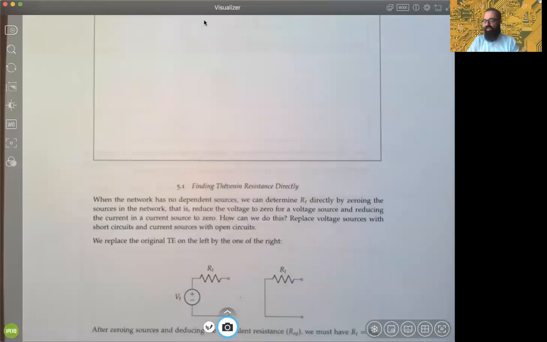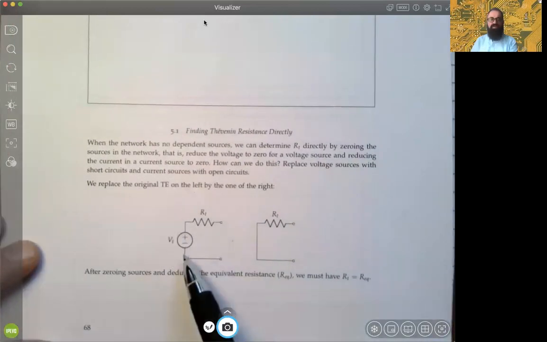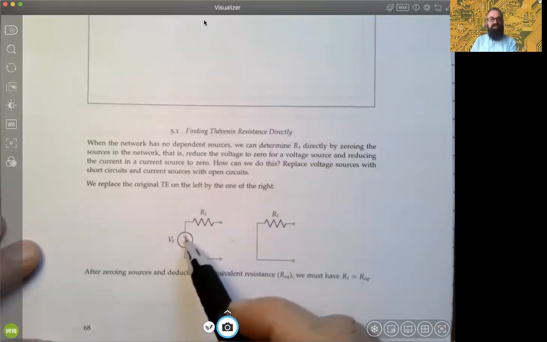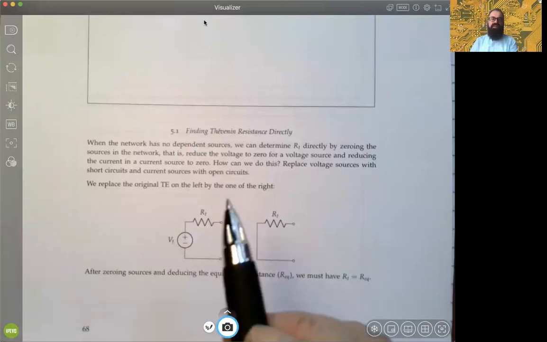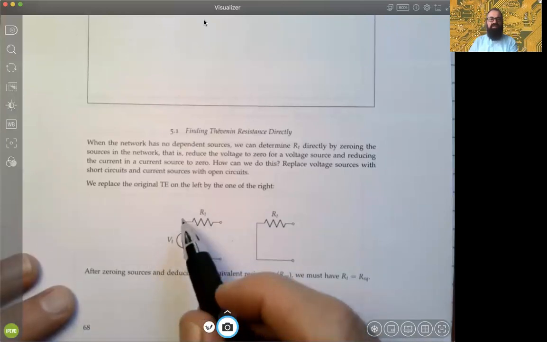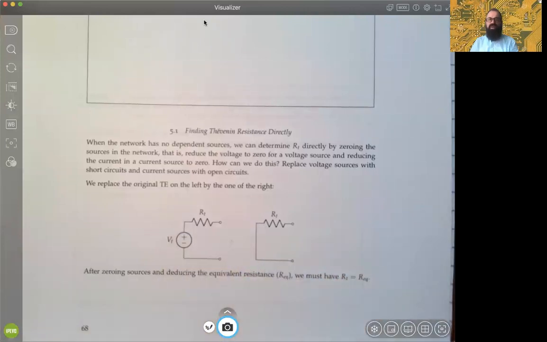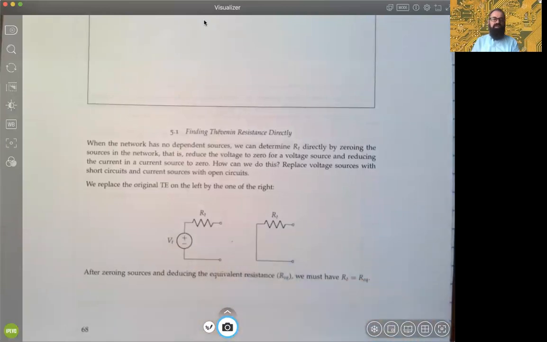The idea, as illustrated here at the bottom of page 68, is here we have the original Thévenin equivalent. Remember, the Thévenin resistance is attached here to the positive polarity of the Thévenin voltage. And the idea of zeroing out this source is just to create this short circuit there, where you'd basically remove the voltage source and replace it with a conductor end to end from those two nodes.